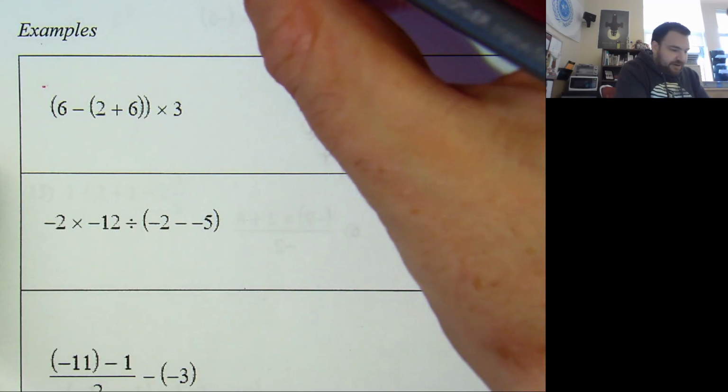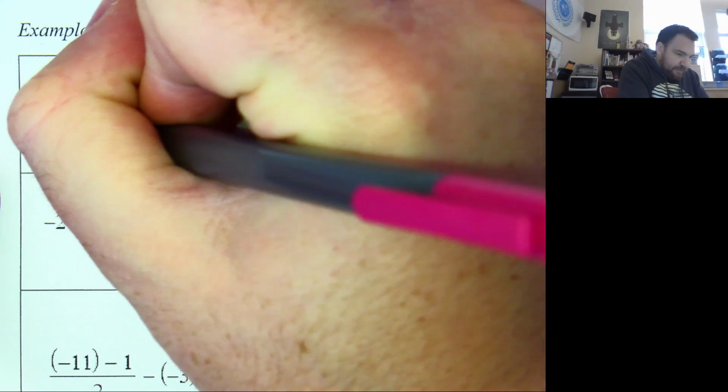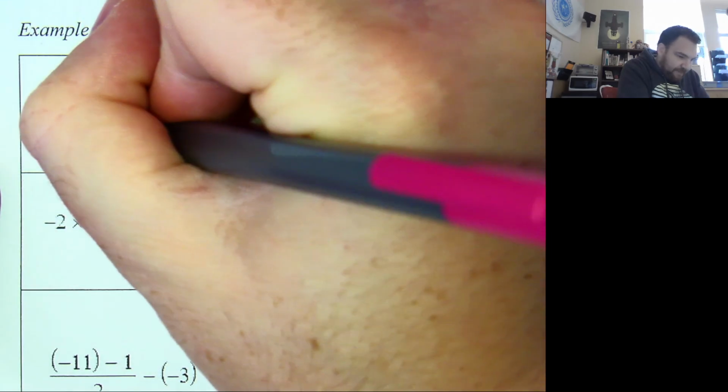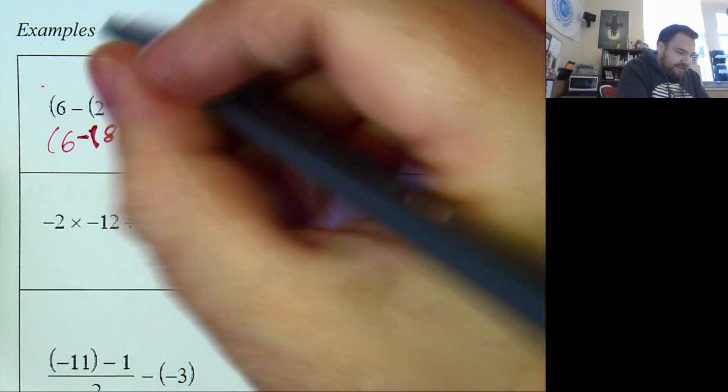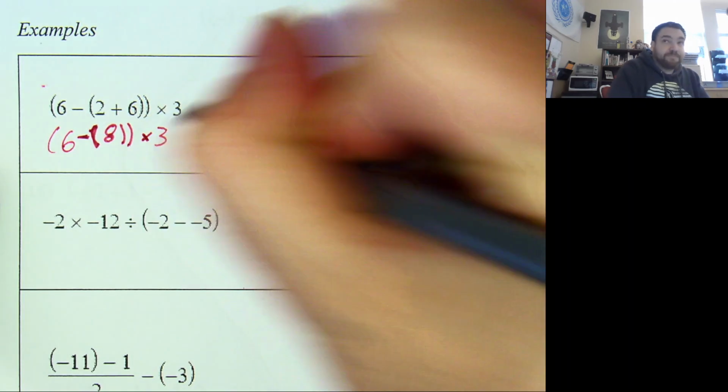So what I'm going to do here is rewrite this as 6 minus, I'm going to leave that bracket there, and I'm going to call that an 8. I have my 2 sets of brackets, and I still have my times 3 there.